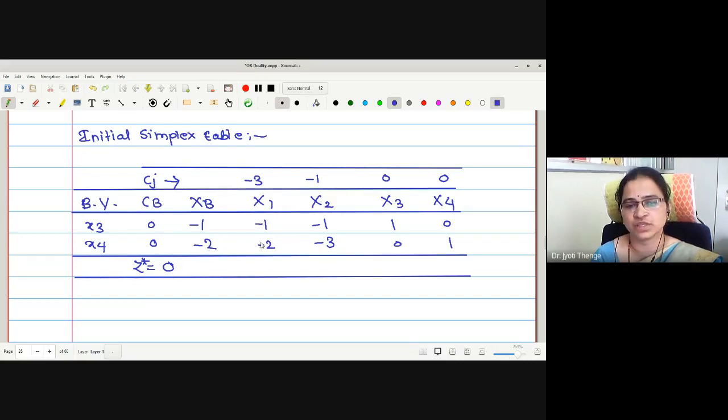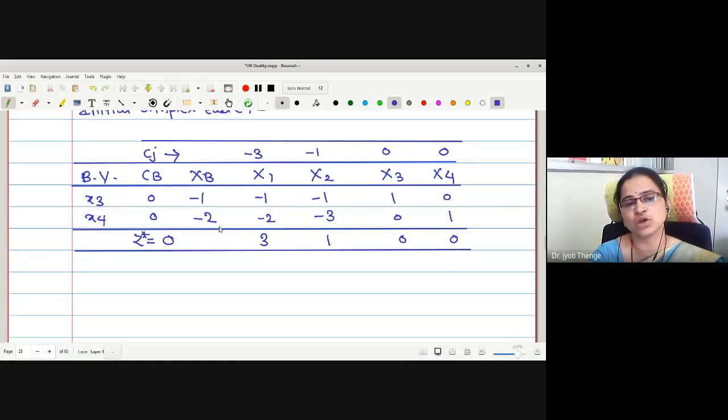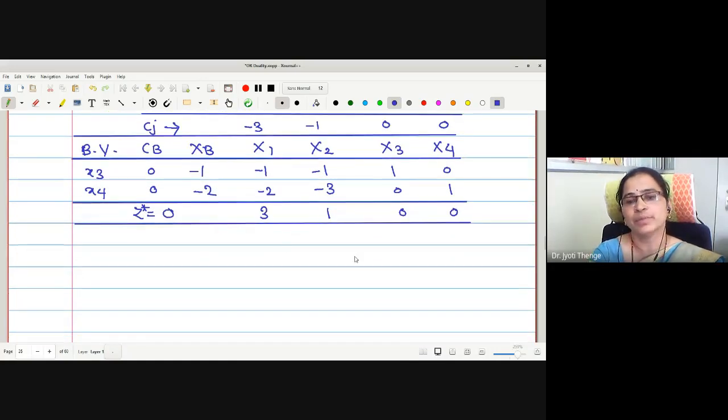CB is 0, 0, therefore this is 0 minus of minus 3, this is plus 3. Therefore here it is plus 1, 0 and 0. All delta J's are non-negative. The solution is optimal but not feasible, because both the entries in the XB column are negative.